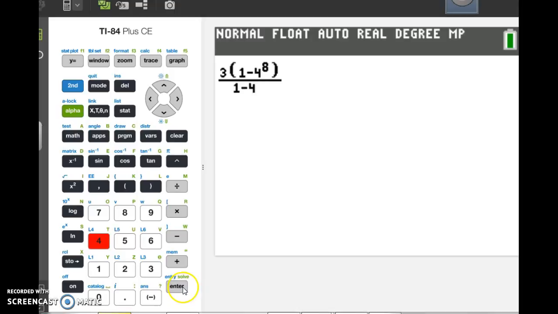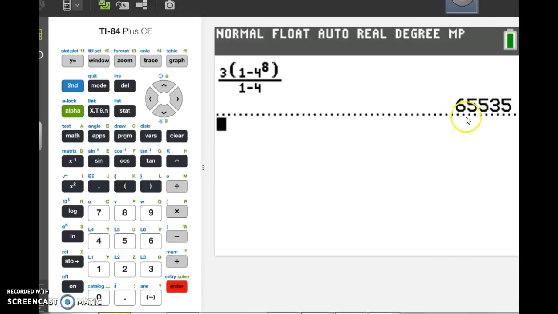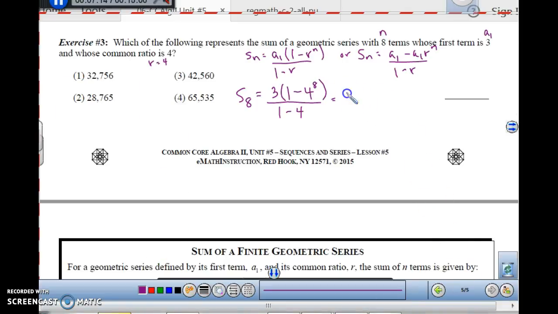Okay, and we press enter, and we get 65,535. All right, so this works out to be 65,535. If you put it in as this as well, it will get the same answer because this is just the factored form of this. So it's going to be number 4.